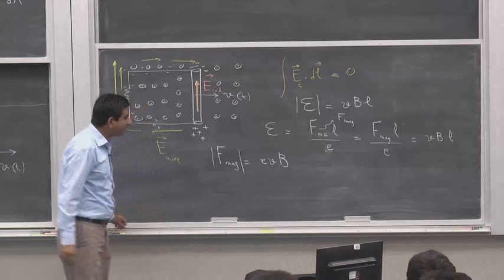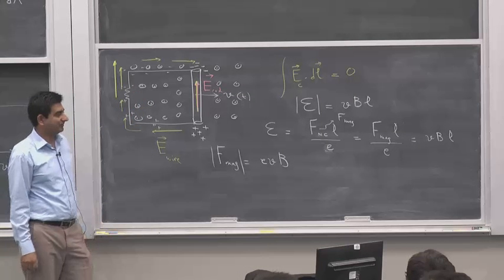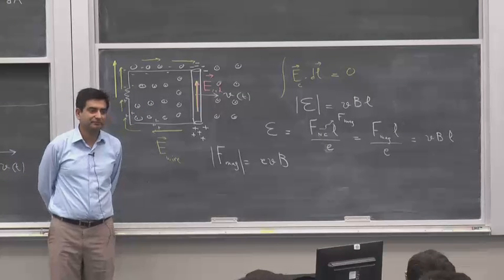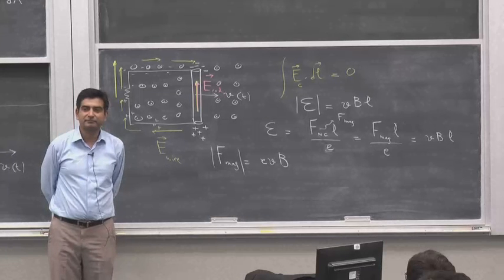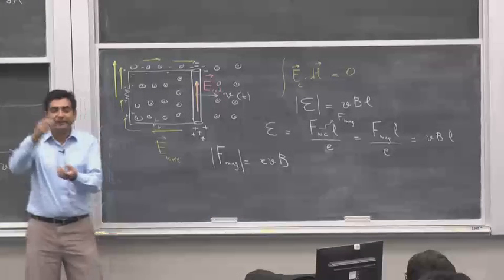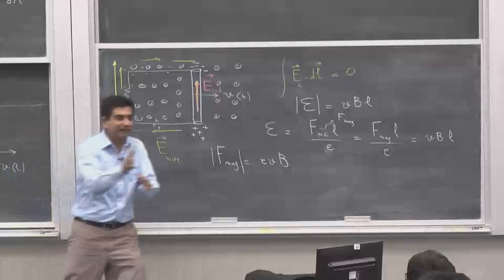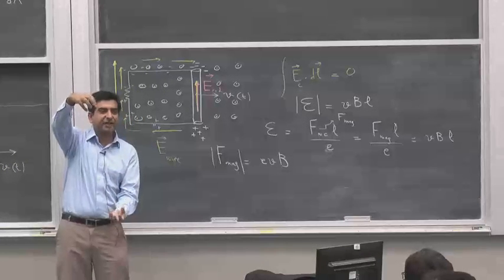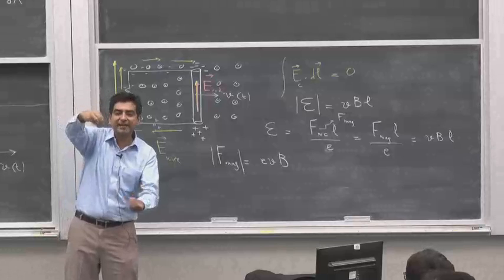Now, a really interesting observation. Any questions at this juncture? What we've seen: we have a rod, we move it through a magnetic field with some speed, it develops a charge separation, it becomes polarized, it starts acting like a battery.